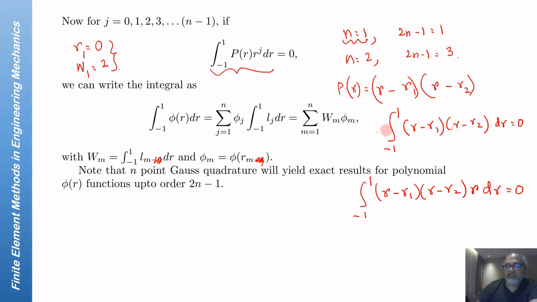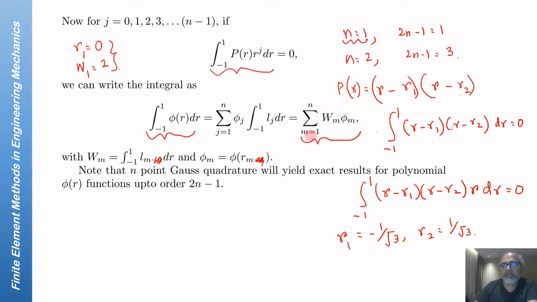So if you solve these two equations, you will get a solution, and it's possible to solve this quite easily. The solution would be r1 is minus 1 by root 3 and r2 is 1 by root 3. So at these two special points, this integral will boil down to this summation.